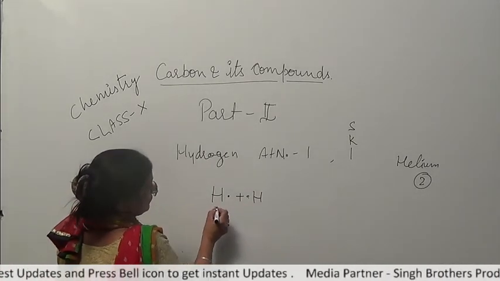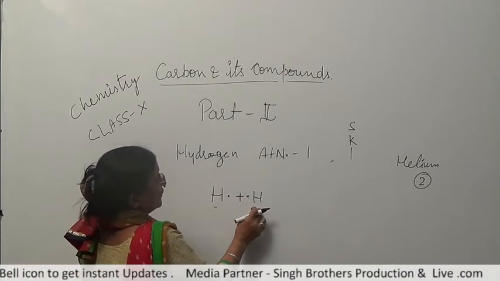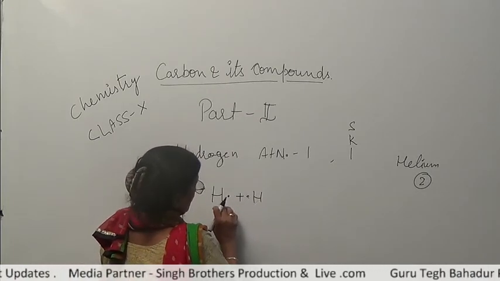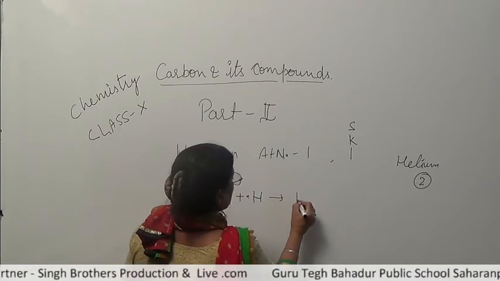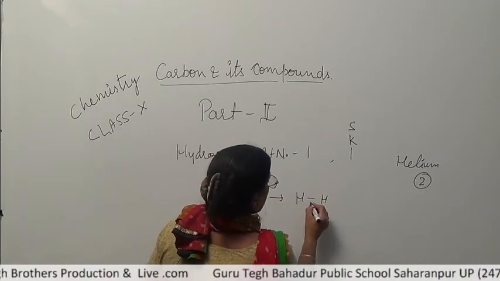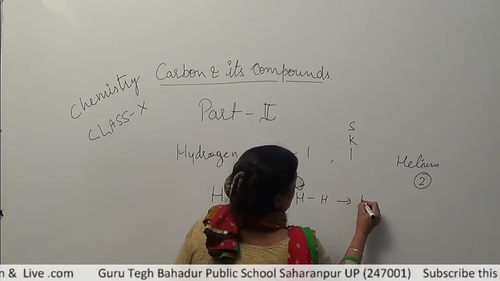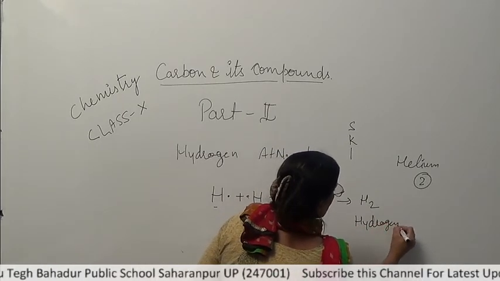When hydrogen is there, it has 1 electron in the outermost shell. It shares its 1 electron with another atom of hydrogen, and it forms the bond like that, and it then forms the hydrogen molecule. This is the hydrogen molecule.